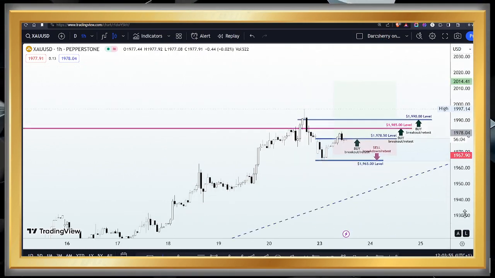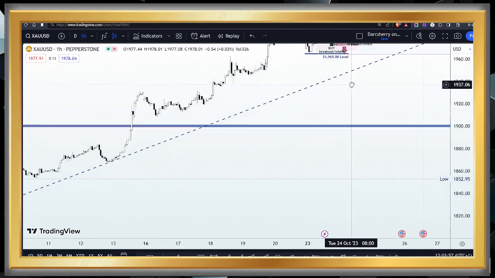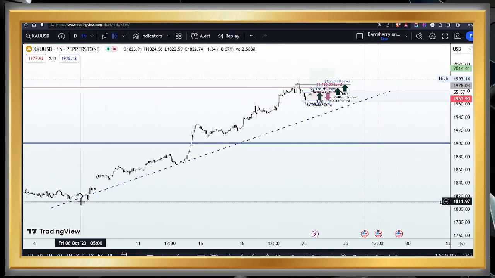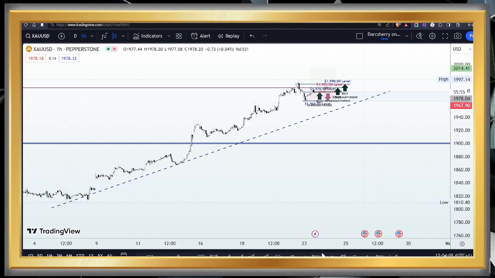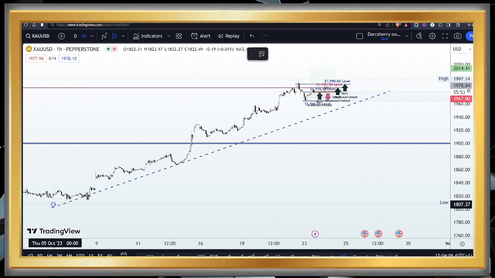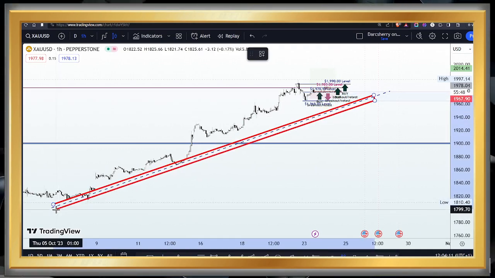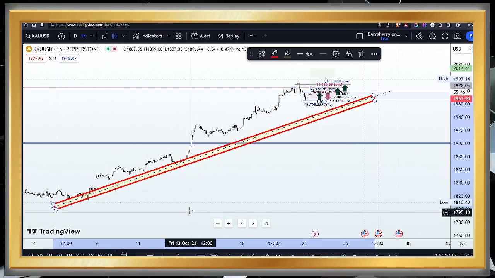Now, first of all, I would like us to acknowledge this ascending trend line that I was able to spot here. And if you look at what has been going on since the beginning of this month, you will see price had consistently found higher lows in this market, giving us this beautiful ascending trend line to work with.